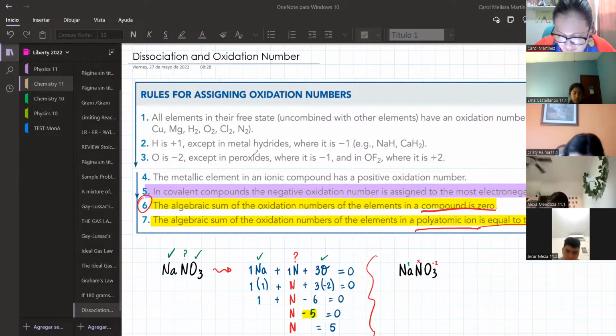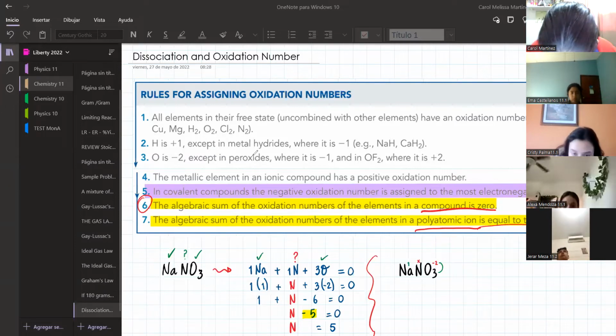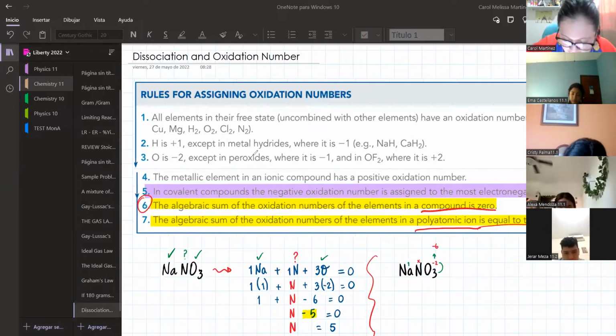So I say 3 times -2 gives me -6. Here I have an invisible 1 times 1 that gives me 1 positive. So what number do I need to place here in order for this to be balanced?